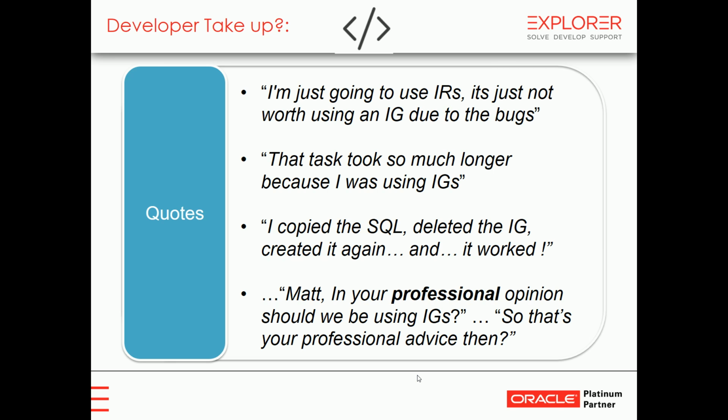So that's one opinion. Quote number two: the task took so much longer because I was using interactive grids. Now I can understand that. I can sympathise with that somewhat. With anything new, there is always a learning curve to using interactive grids. If you want to look at some of the more advanced features, then you need the JavaScript config, and to use the JavaScript config, you need to know what settings are available and how to find what you want.